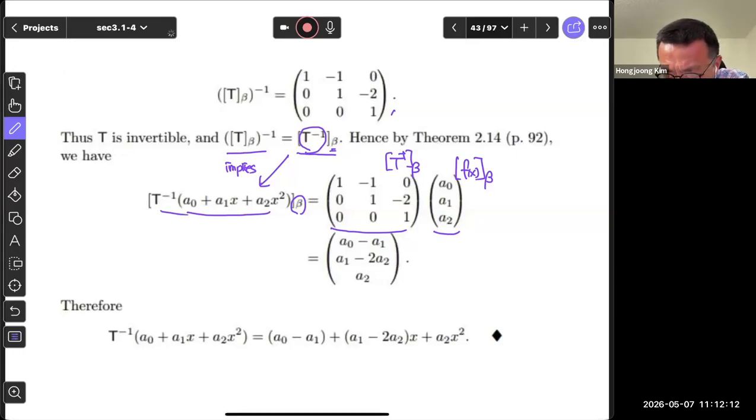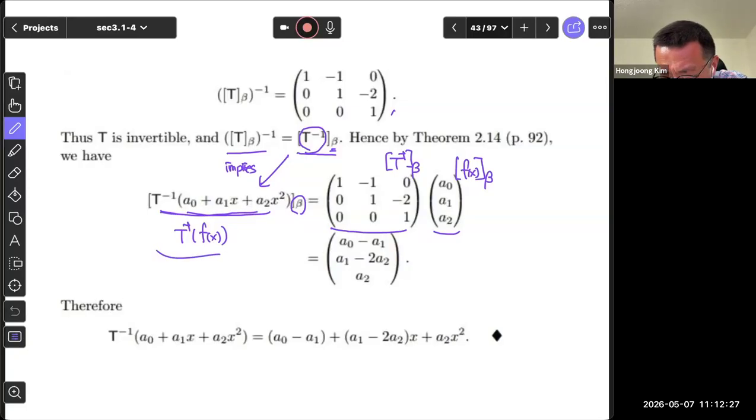So given this f of x, we can find its inverse image, then its coordinate.